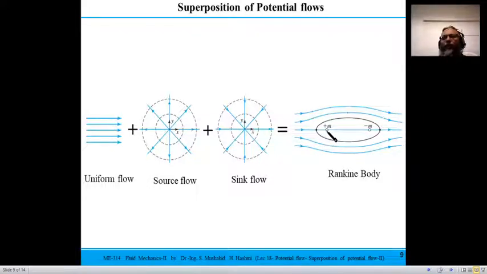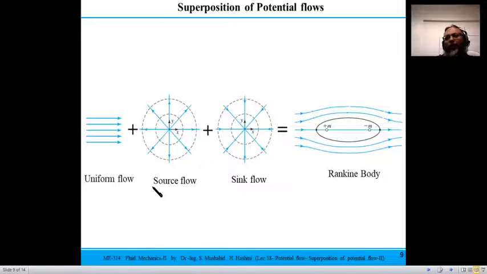This point would be the origin of the source, and negative m is the strength of the sink. So it would be flow over this shape of body, and we have given it the name Rankine body. Just by superimposing the uniform flow, source flow, and sink flow, you end up with the Rankine body.